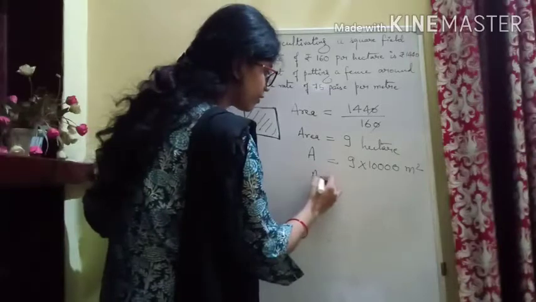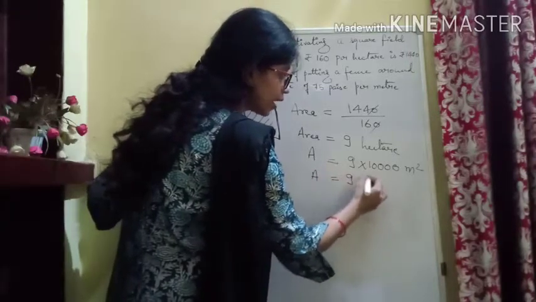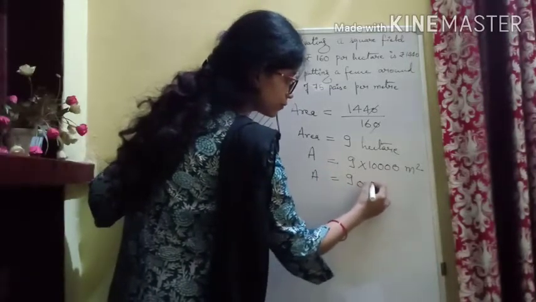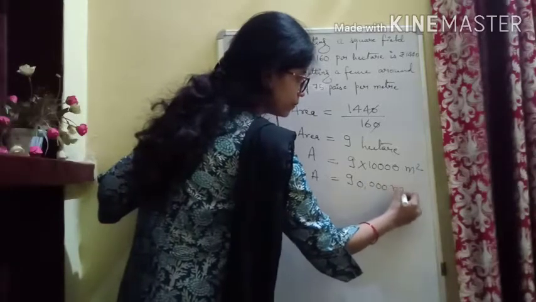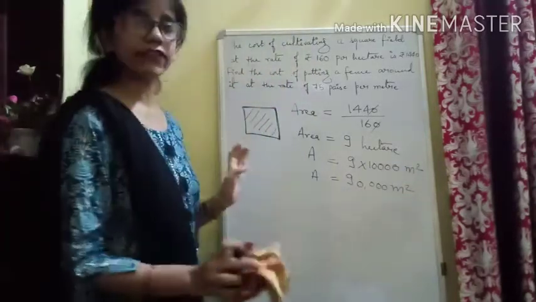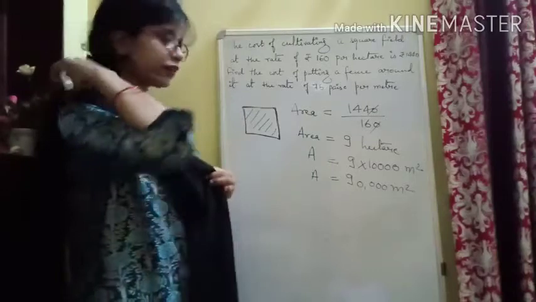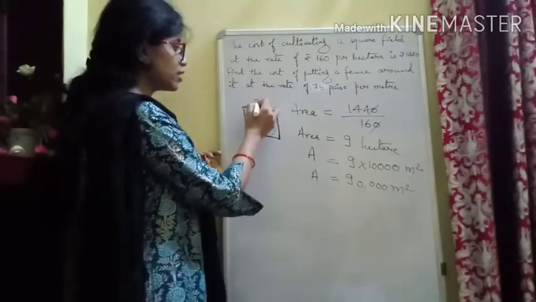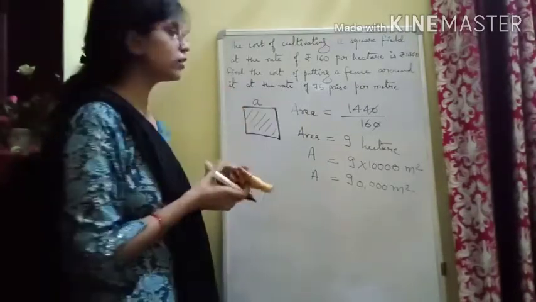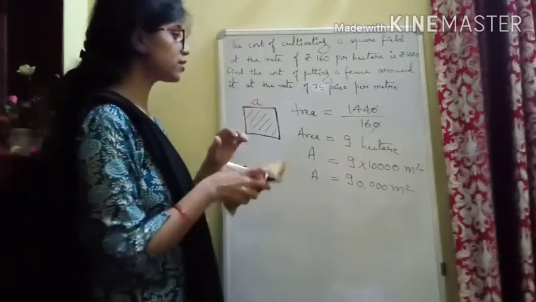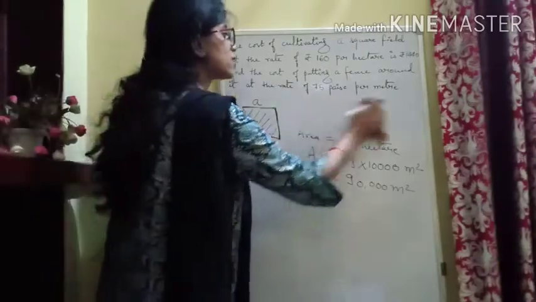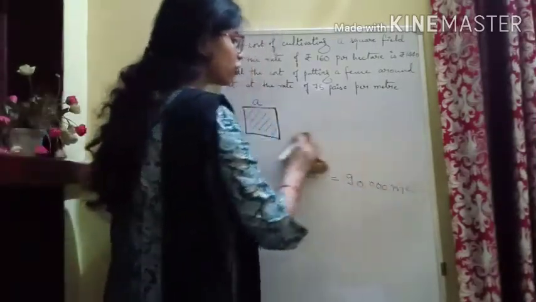So the area we have calculated is coming 90,000 meter square. So we have calculated the area, and we have a square field. Let's say the side of the square is A, because it is a square field, so all sides will be equal. If the side is A, what will be the area of a square?